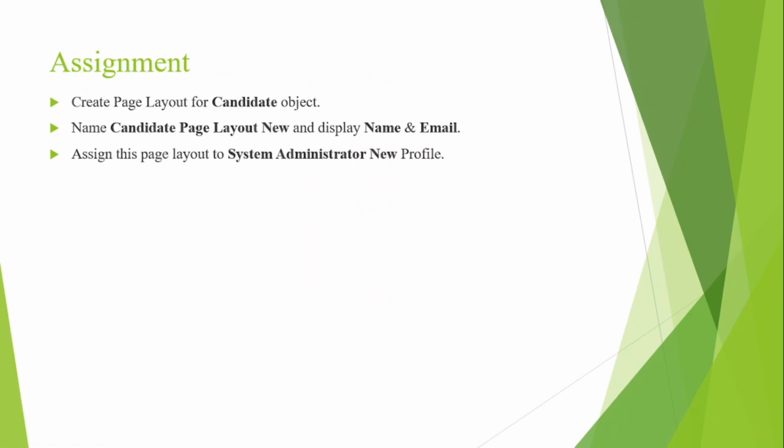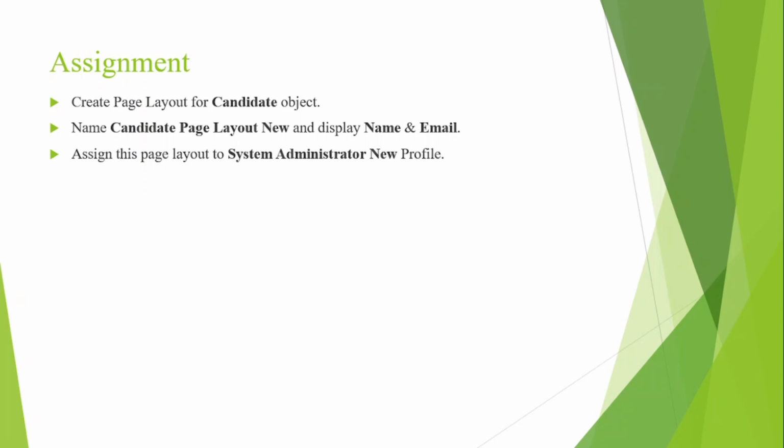So today's assignment is to create a page layout for the candidate object. We have already created a candidate object. For this candidate we are going to create a page layout named Candidate Page Layout New. A candidate page layout is already there, created by Salesforce.